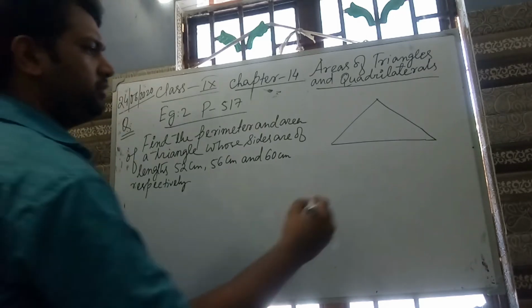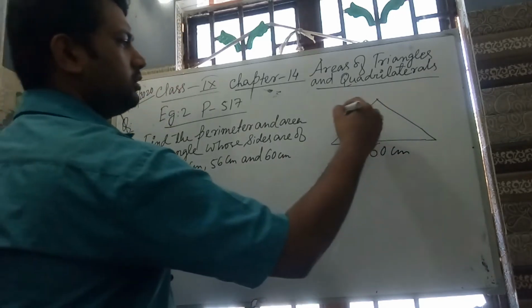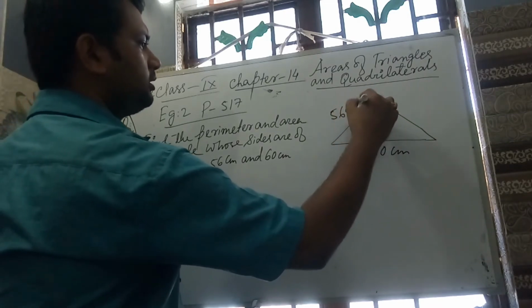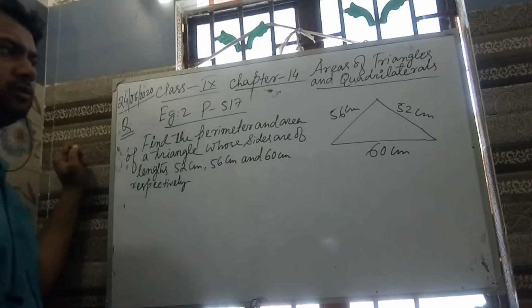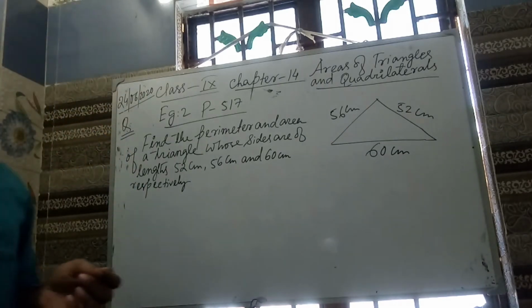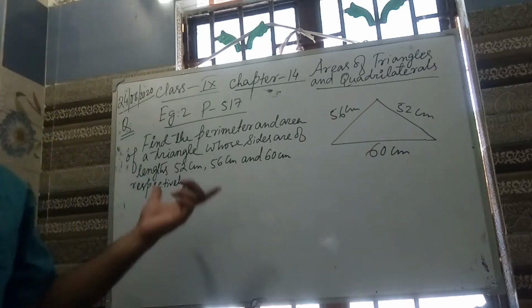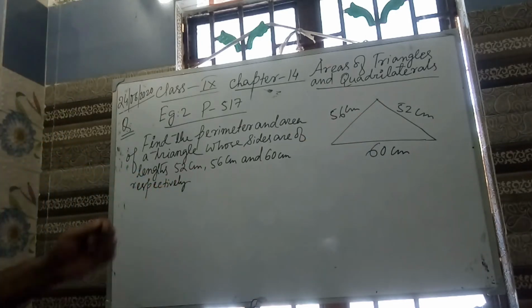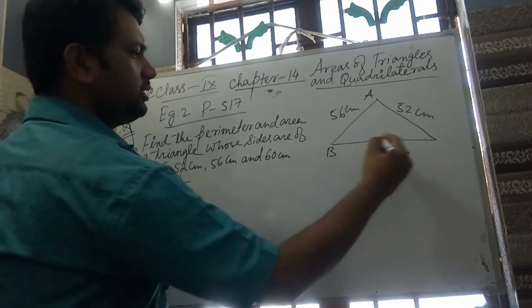A rough sketch will be enough. 60 centimeter, 56 centimeter, 52 centimeter. Okay, we have drawn a rough sketch according to the given question. Let us name the triangle A, B, C.